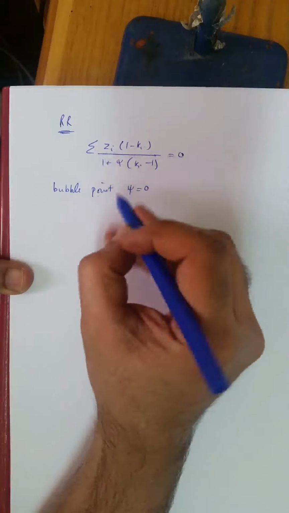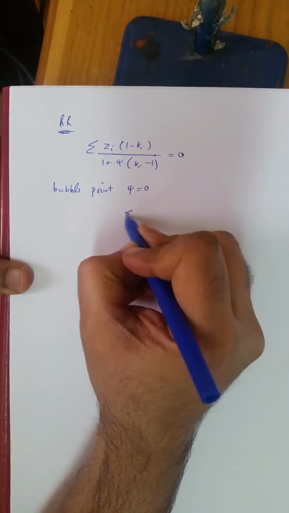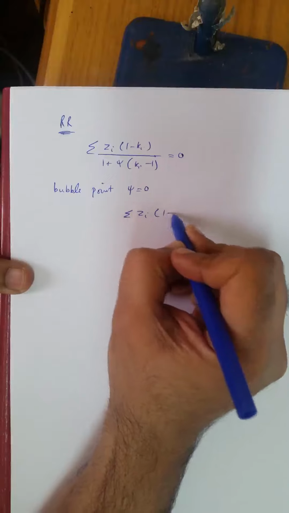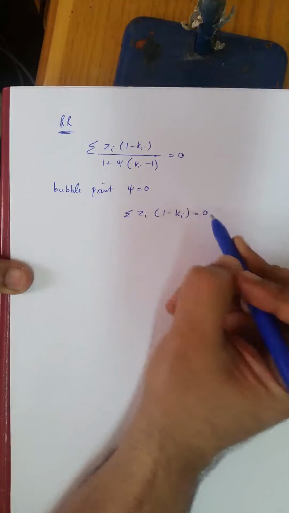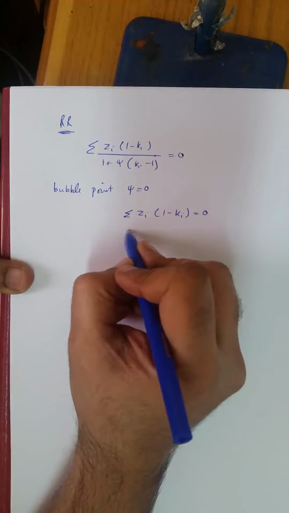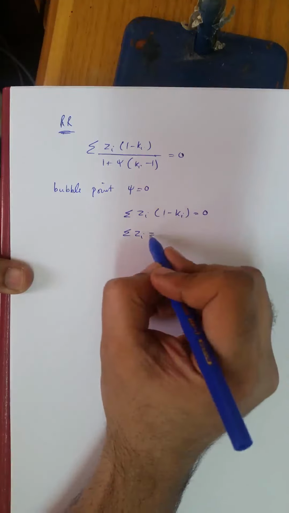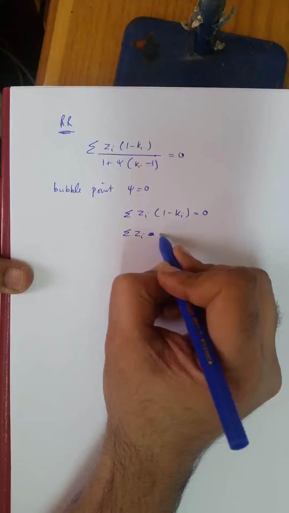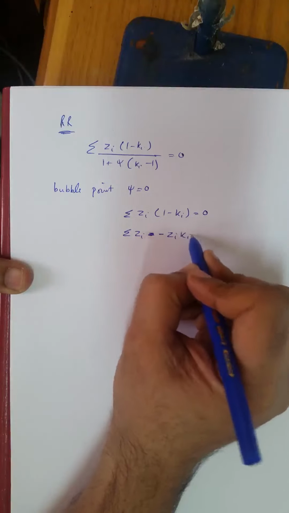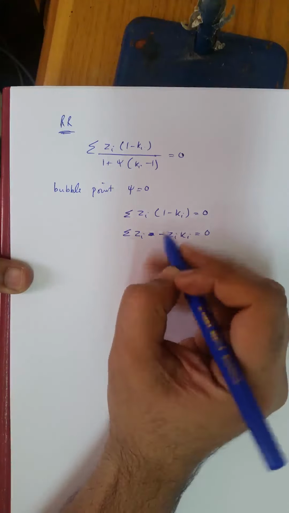If you plug in over here, it comes out to be summation of zi (1 minus Ki) equal to 0. You can split it: summation of zi minus summation of zi Ki equal to 0.